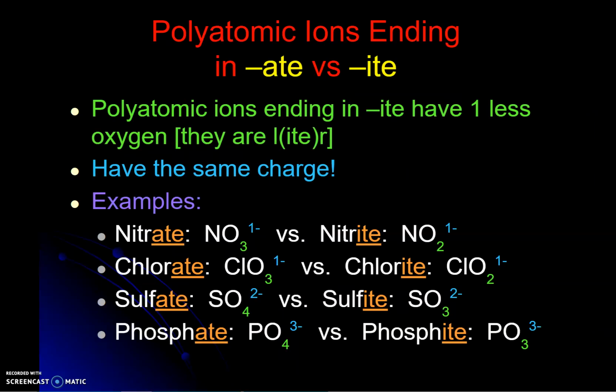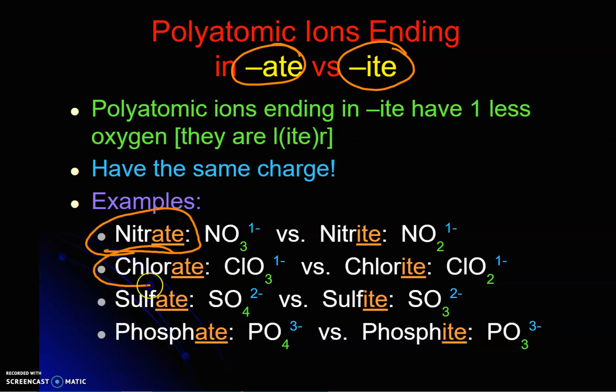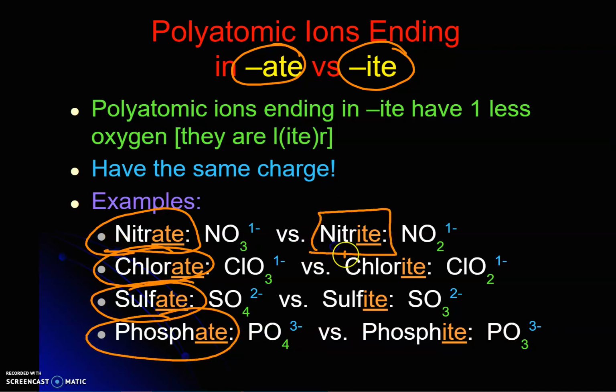All right, and another thing you can do is that this not only helps you with those common -ate ending polyatomic ions, it can help you with the common -ite polyatomic ions. Nitrate, chlorate, sulfate, and phosphate all have -ites as well. Nitrite, chlorite, sulfite, phosphite.